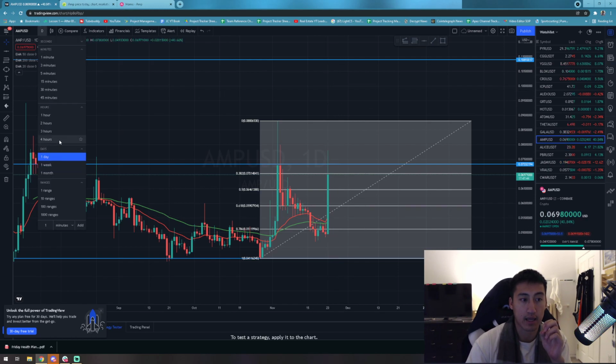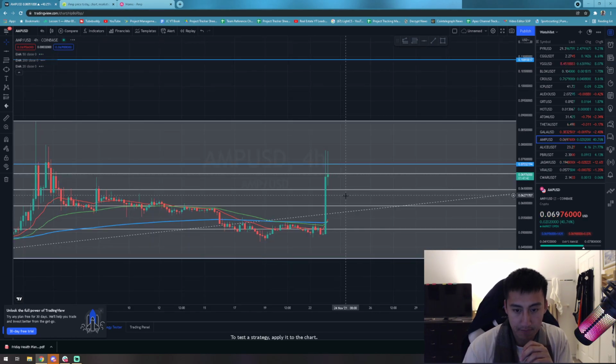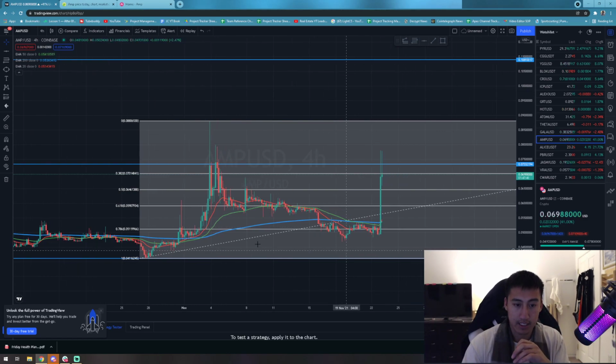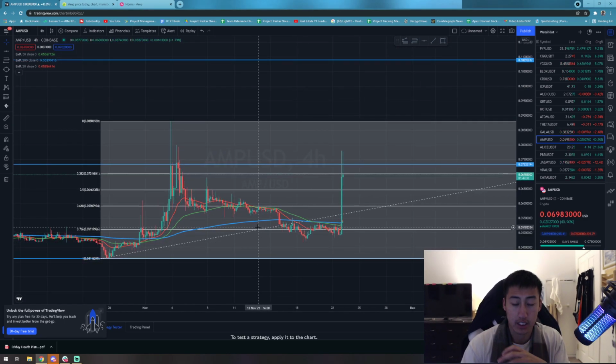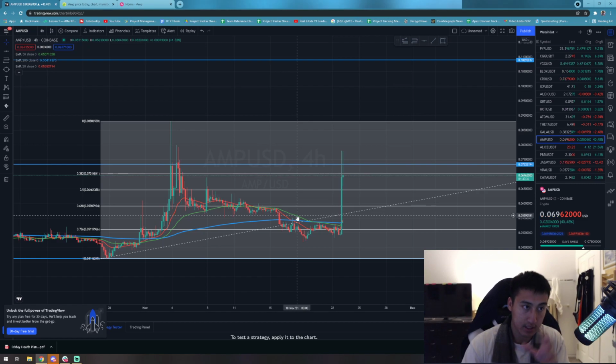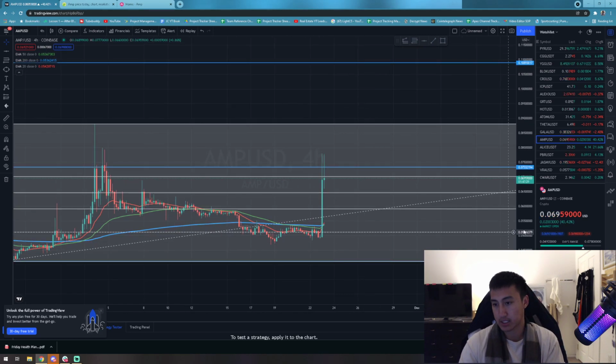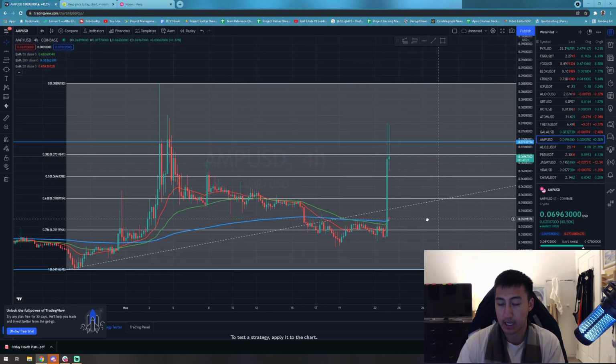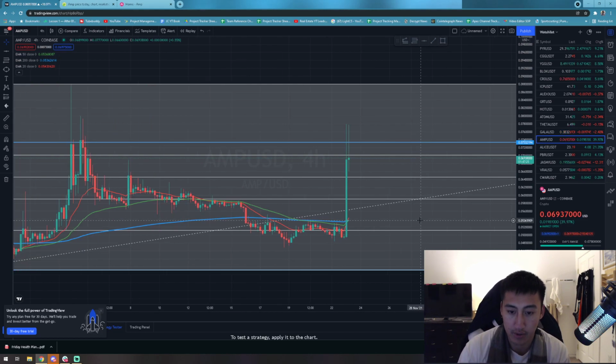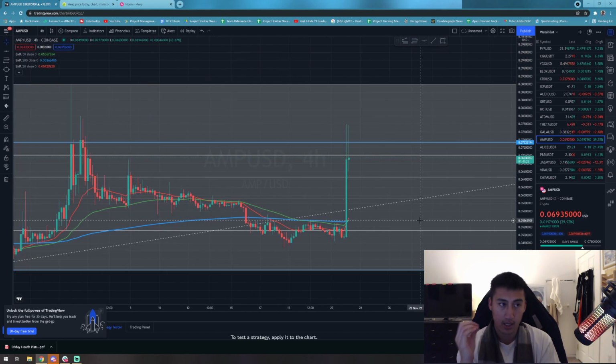If we look at a 4-hour chart here, you can see my blue moving average, which is the 200 moving average. My green is the 50, my red is the 20, and the blue is the 200. This is a good sign that it's forming an uptrend. There's this thing called a golden cross, which is the 200 moving average and the 50 moving average.